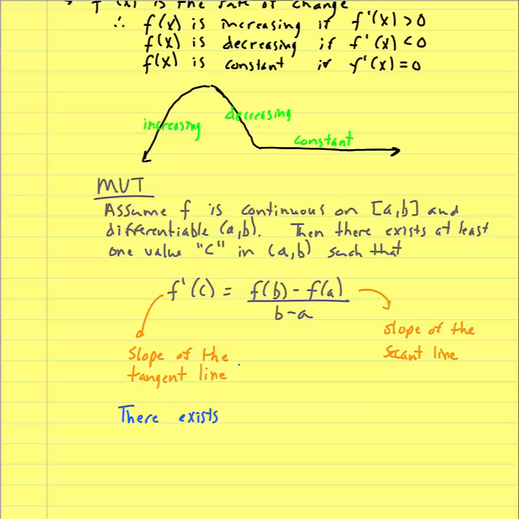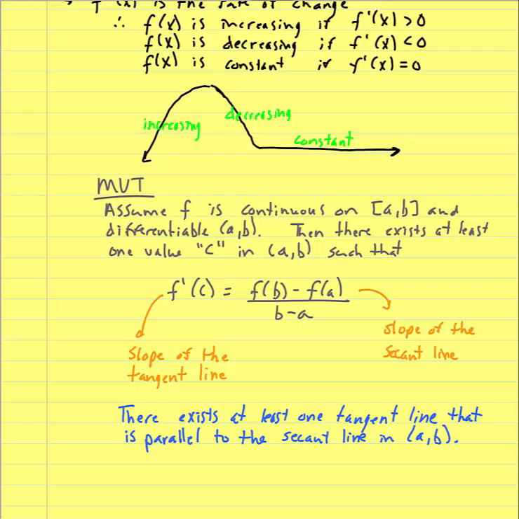So there exists at least one tangent line that is parallel to the secant line in the open interval AB.